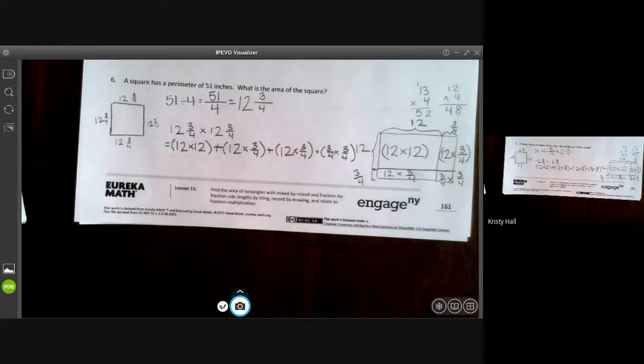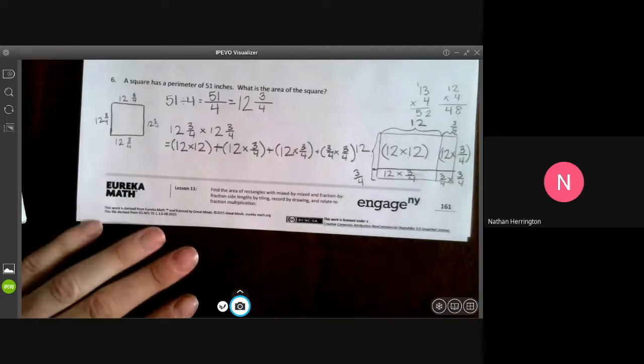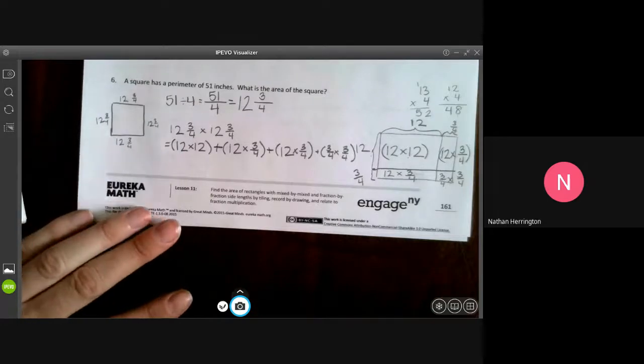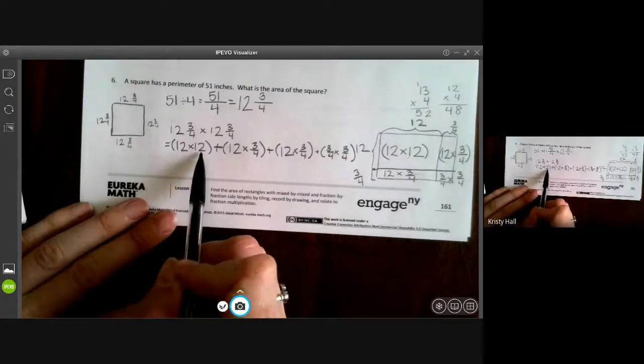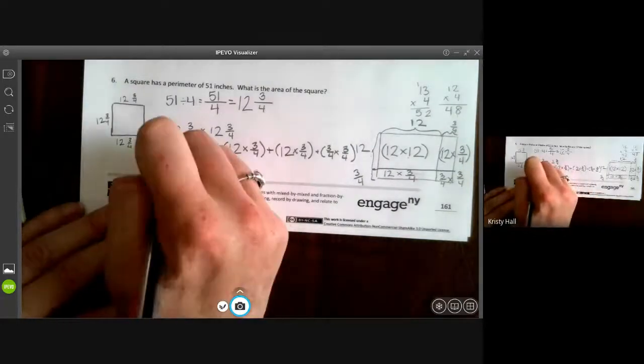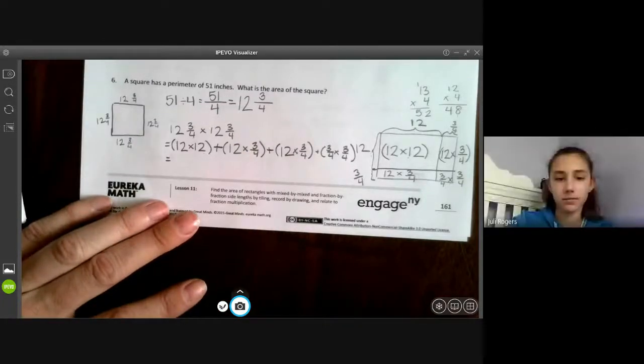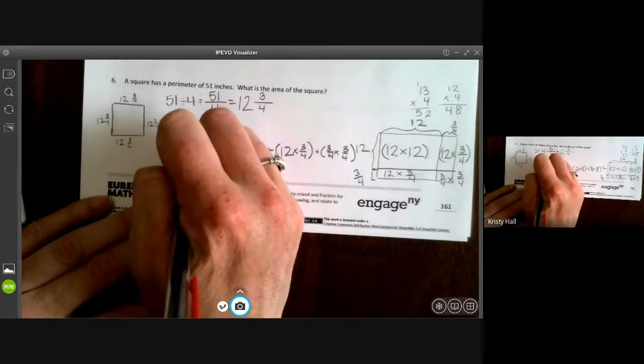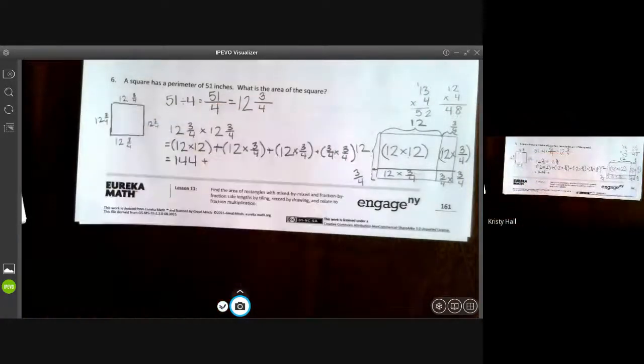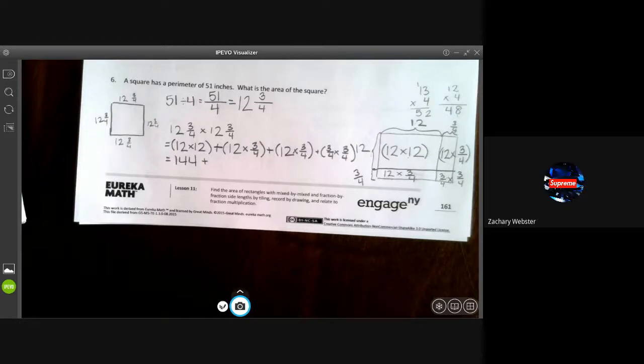And this looks like it's going to be really hard, but it's not that bad. I promise. So 12 times 12. Anybody? 144. Yep, 144. Good job. All right, 12 times 3/4. 36/4.